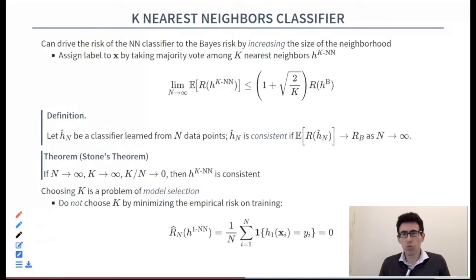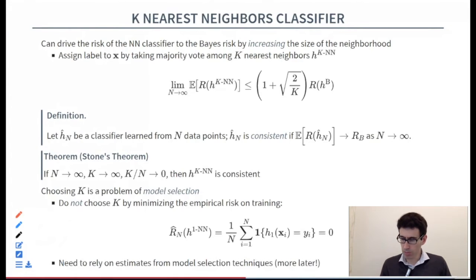But that's a terrible way to choose k, because it will always tell you to use one nearest neighbor, and simulations suggest that this is not the best thing. So one has to be very careful. K here plays the role of what's called a hyperparameter in your model, which is something that you have to choose using a much more principled method, and we'll talk about cross-validation later in this course.